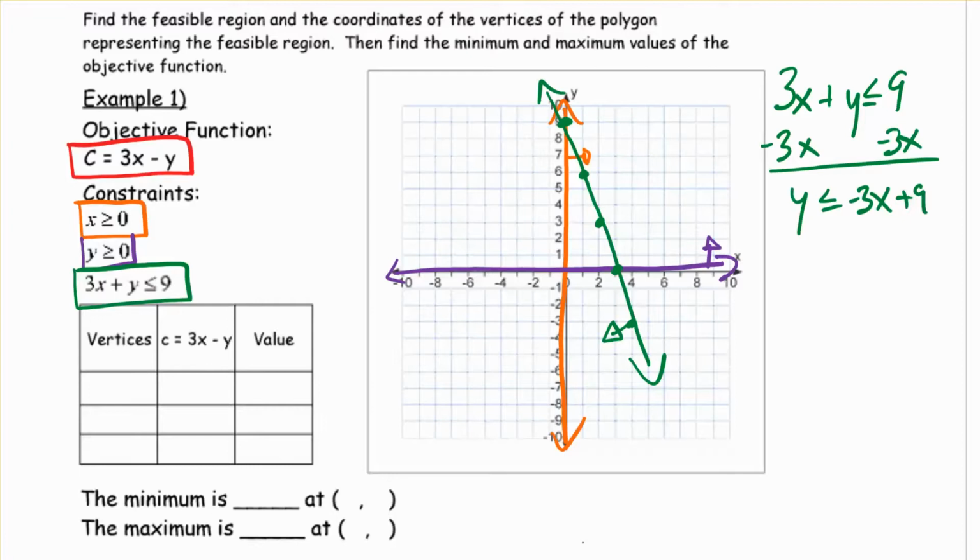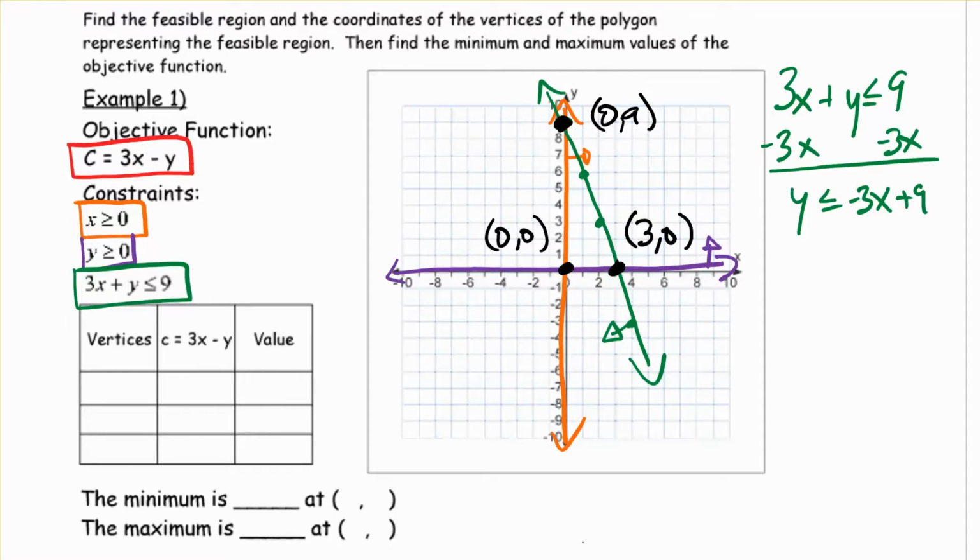So now, the points where our lines intersect are called our vertices. So we've got a vertex here at 0, 9. I've got a vertex here at 3, 0, and I've got another vertex here at 0, 0.